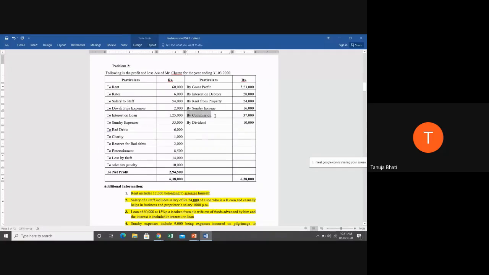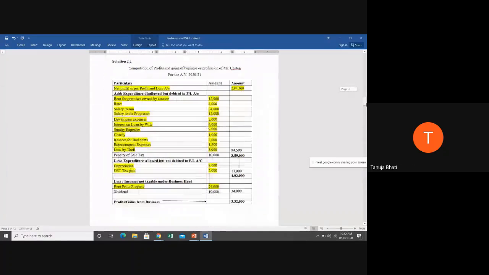By commission, no additional information is given, so assuming it to be for the business, we are allowing it. By dividend, tell me students, dividend is a business income only to those who are dealing in shares or in the stock market. But here, Mr. Chetan, they have not specified what type of business he is into. So whatever dividend he is receiving, is it a business income or income from other sources? Income from other sources.